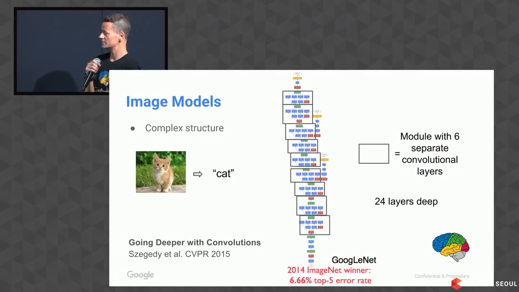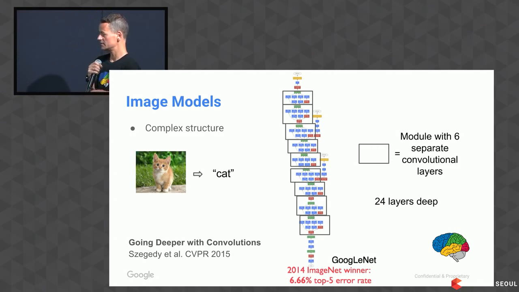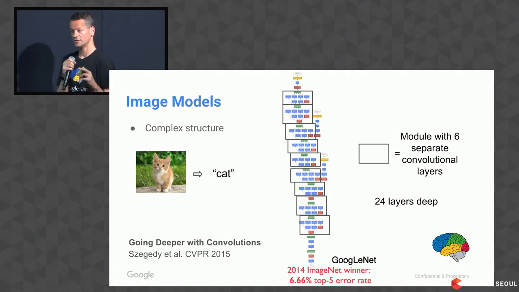Some of them are shared because of the convolutions. But it's a very complex graph that you see. This is the architecture that won ImageNet in 2014, and it had a 6.6% top 5 error rate, which means in 93% or 94% of the cases, the top 5 contained the correct answer, which is very good given how many classes there are.